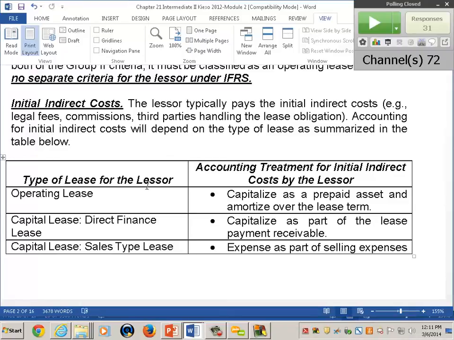And the treatment for the initial direct costs will be different depending on the type of lease for the lessor. Now, you can memorize this, but now you've got to explain it. So for an operating lease, all of these initial direct costs will be capitalized. You're going to set up a prepaid asset and amortize it over the lease term.